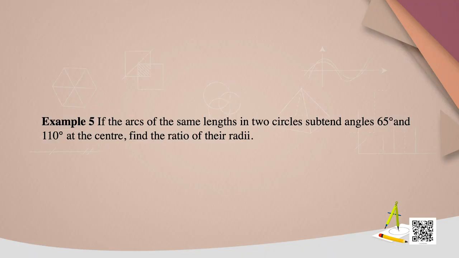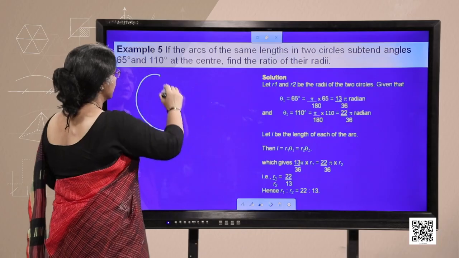Now, another very important example, if arcs of the same length in two circles subtend angles of 65 degrees and 110 degrees at the center, we need to find the ratio of their radii. Here we are given two circles.